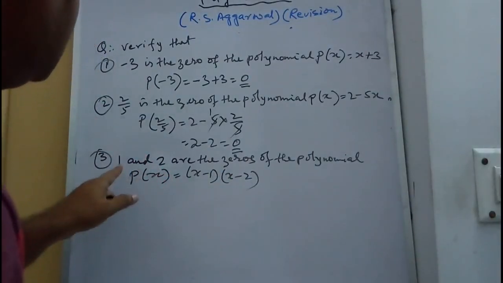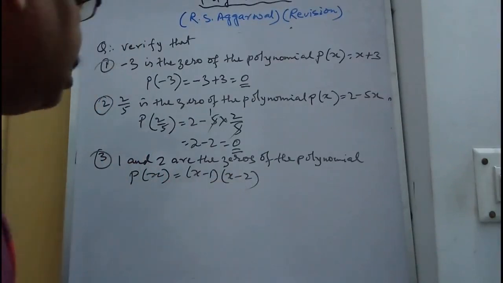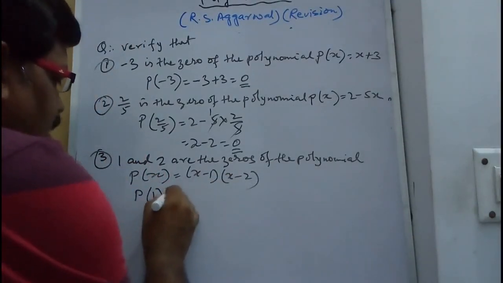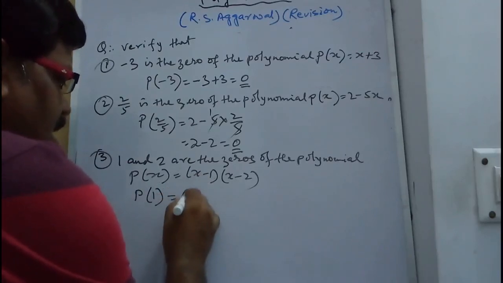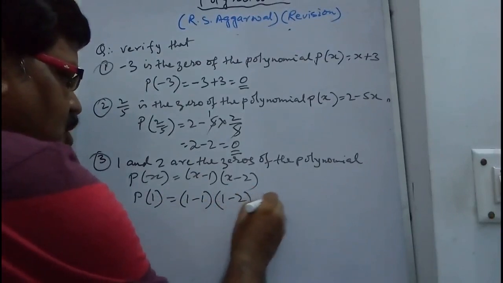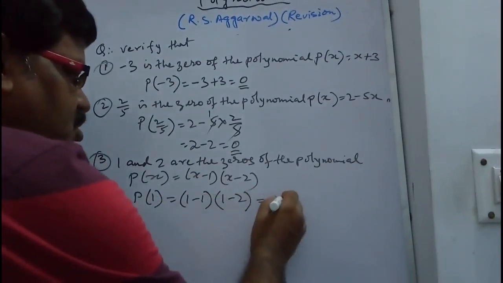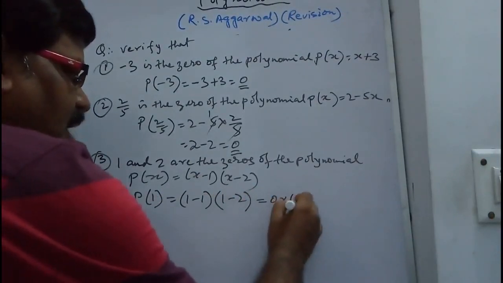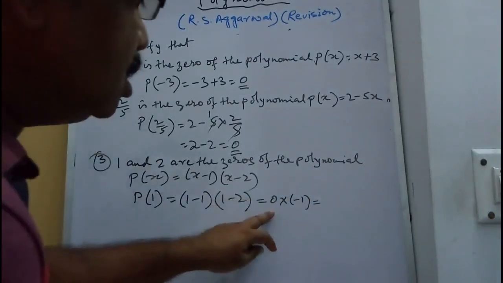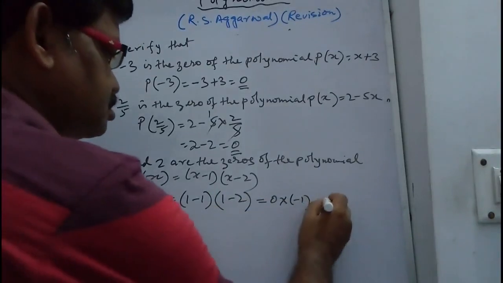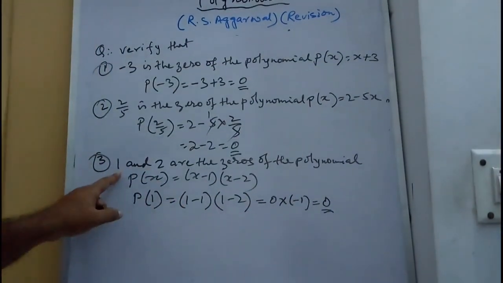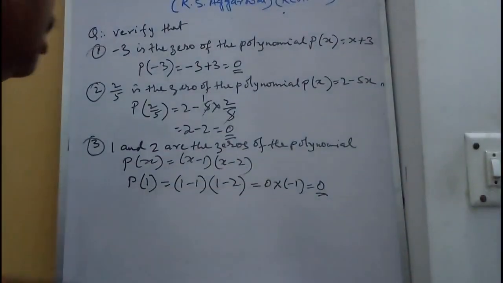I have to prove that both are the zeros of the polynomial. So first I take 1. In place of x write 1: 1 minus 1 into 1 minus 2. So 1 minus 1 is 0, into minus 1. Any number multiplied with 0 becomes 0. So 1 is the 0 of the polynomial.